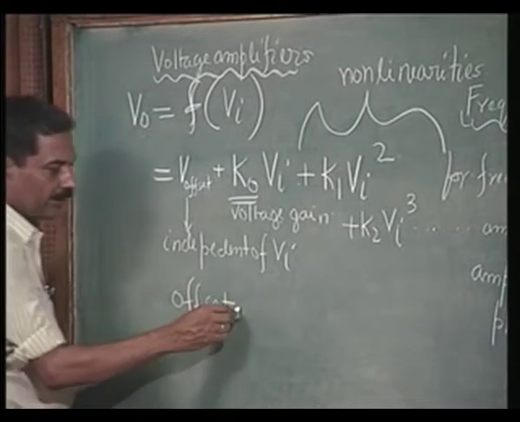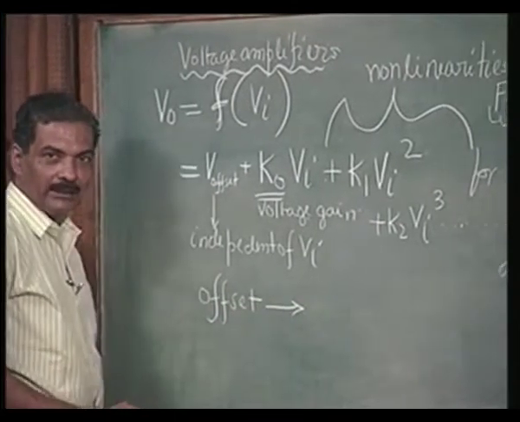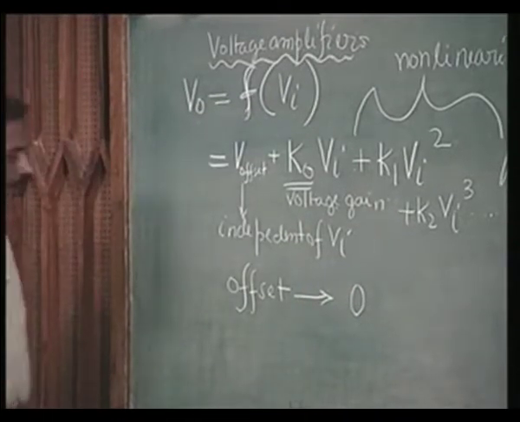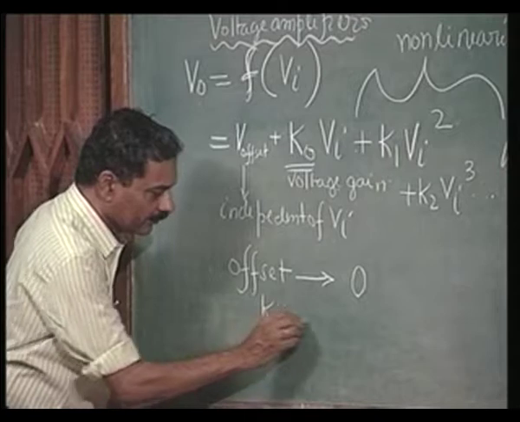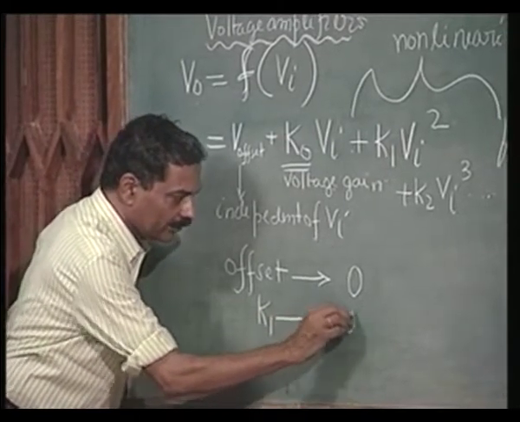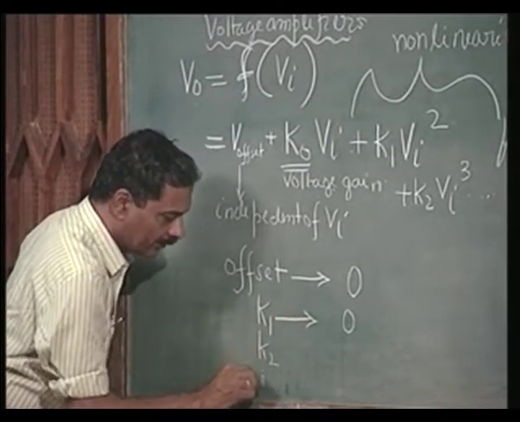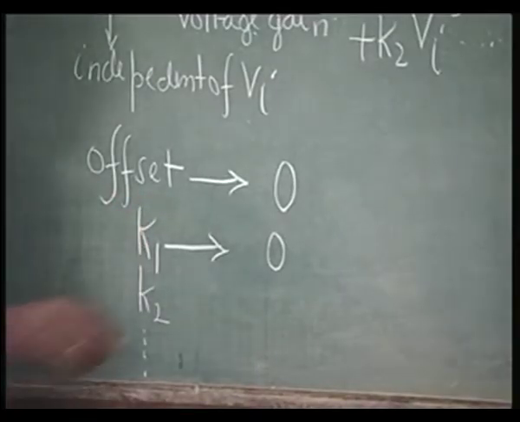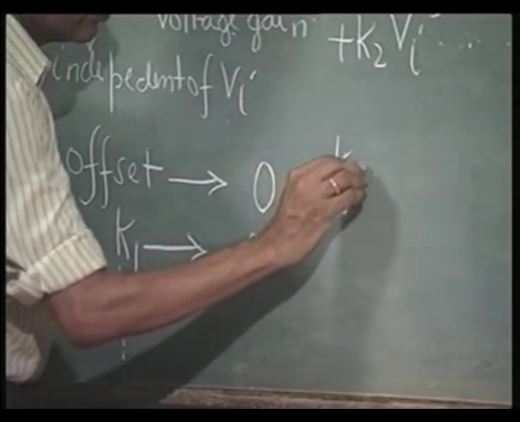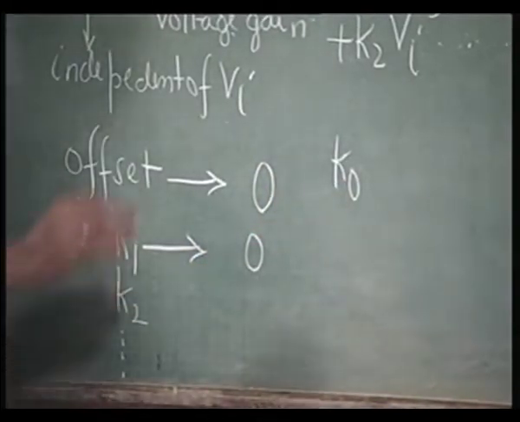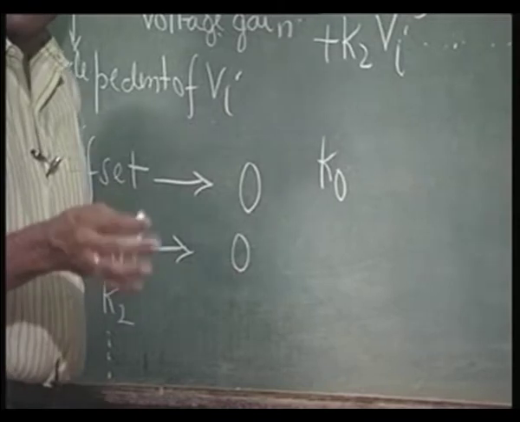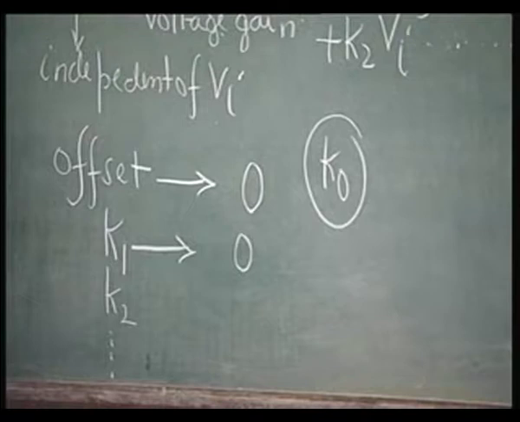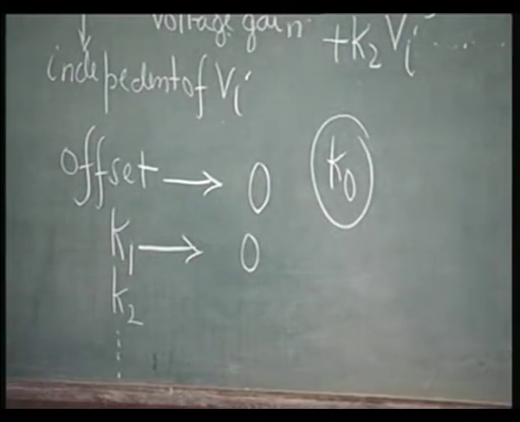The offset should be as small as possible, it should go towards 0, and K0 should be as constant and as stable as possible.